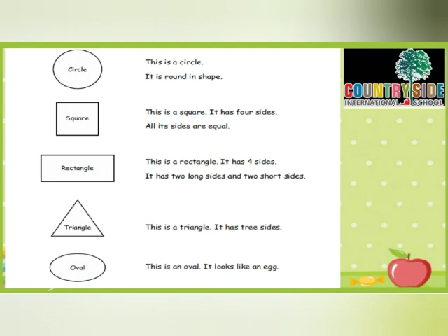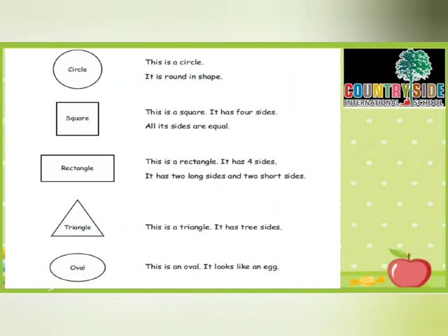The next one is square. This is a square. It has 4 sides, correct? All its sides are equal. How many sides does a square have? 4 sides and 4 corners.